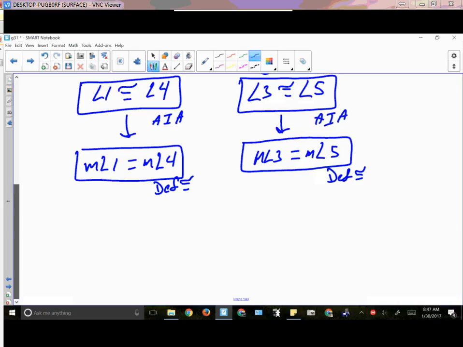I can now go through and say that, let's see, we go down here. Measure of angle 4 plus the measure of angle 2 plus the measure of angle 5 equal 180 degrees, correct?